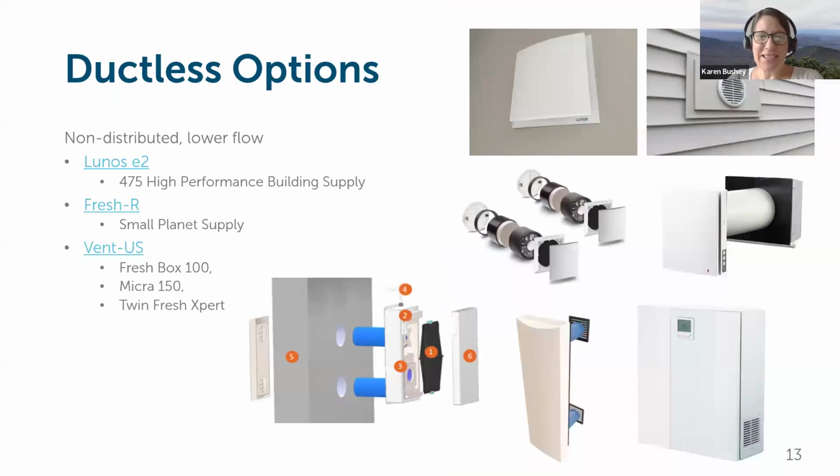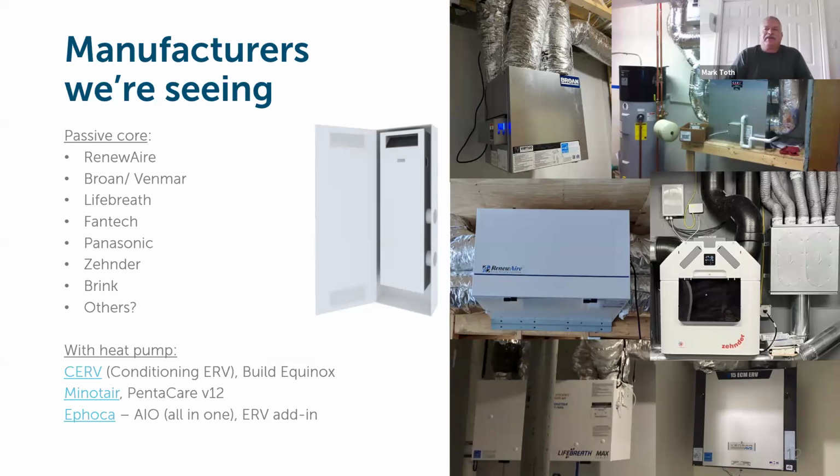They're kind of very niche products. They're not commonplace. There's probably 100 or 200 normal ERVs, HRVs put in for every one of those. They are out there. They are making a little bit of a scene, but they're not very common.